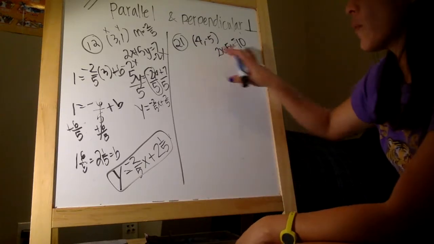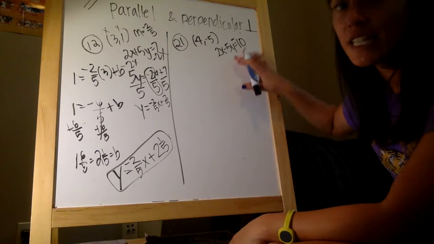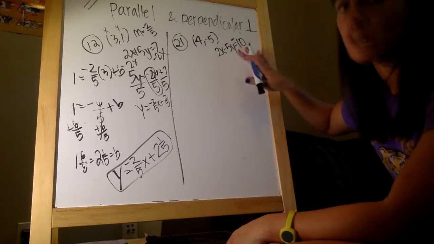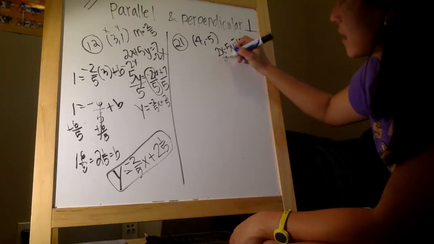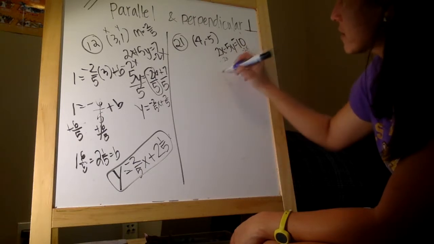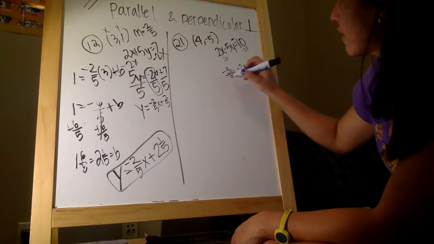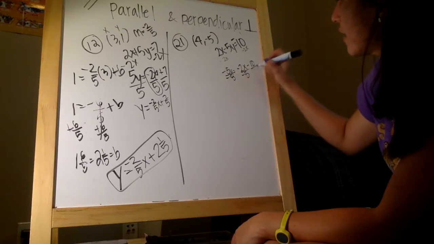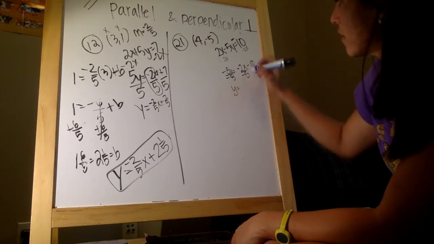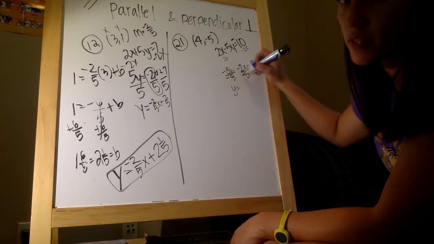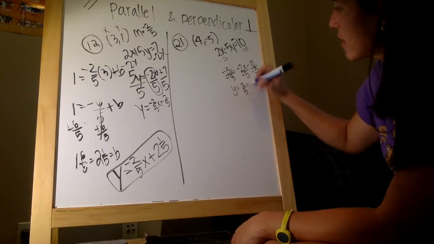Number 21, we have a point and we have a line. Again, this is not in slope-intercept, so we need to convert it to slope-intercept. I'm going to subtract 2x and then divide by negative 5. So a negative over a negative is going to be a positive, so that's 2/5 x.